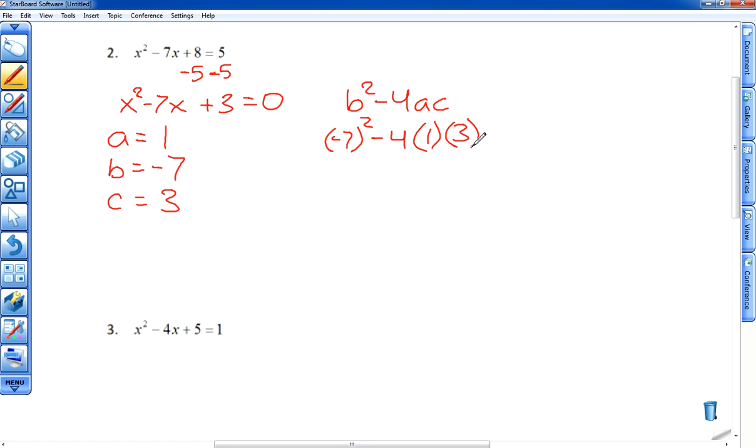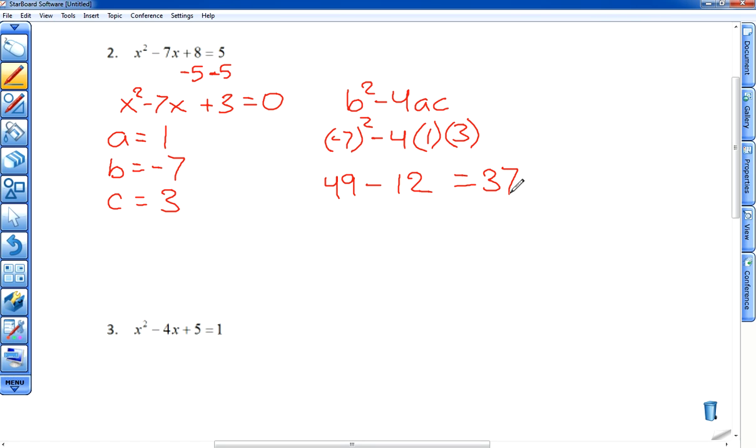So negative 7 squared is 49, minus 4 times 1 is 4, times 3 is 12. So that's 49 minus 12, which produces a value of 37.